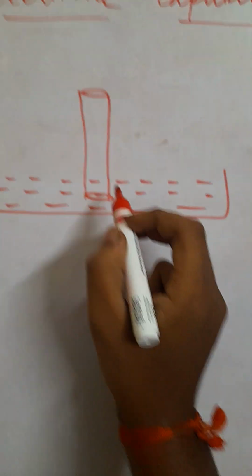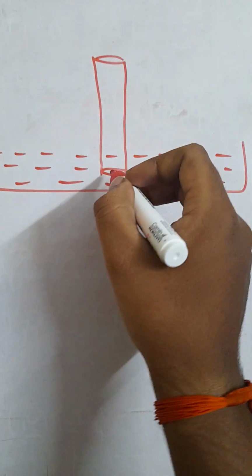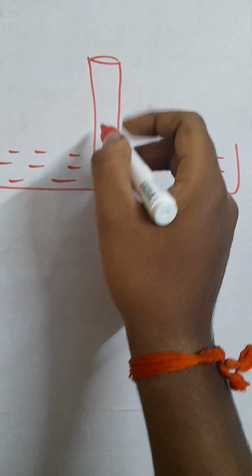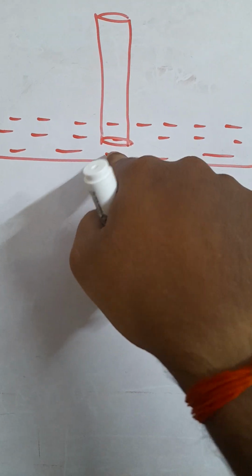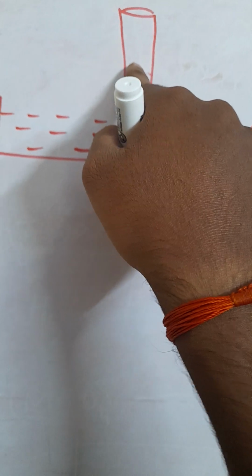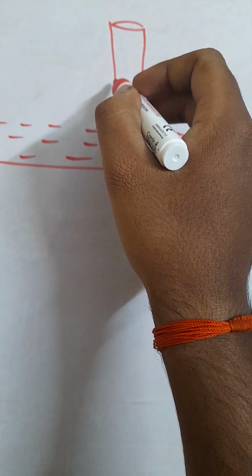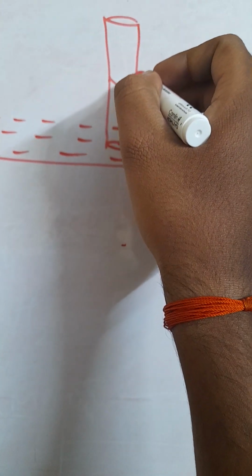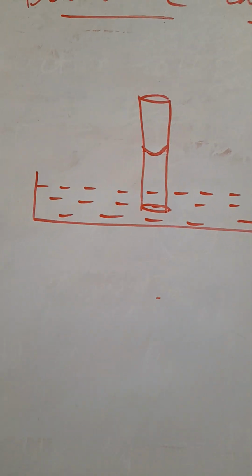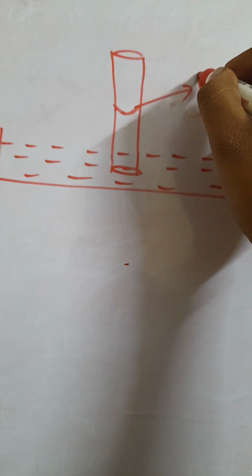When we put the glass tube on the surface of the water, or contact it with the surface of the water, we can see there will be a rise in the water, and the shape we'll get here will be in the form of an upward concave. This is called a meniscus.